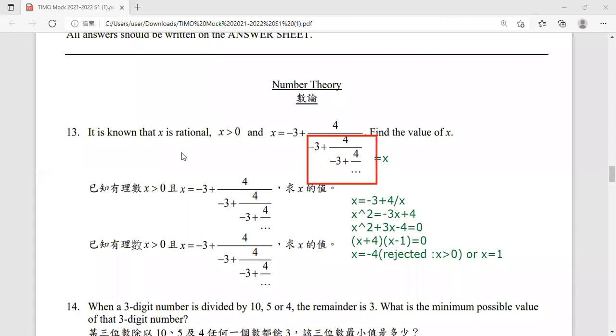Any question? Rational not means that is... maybe some of us may have a misunderstanding. Rational means that it can be written as p over q, where p and q are integers.